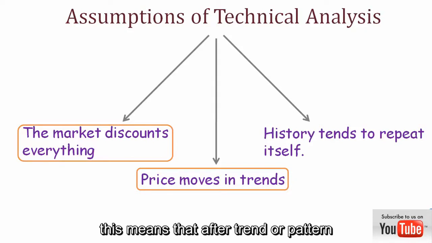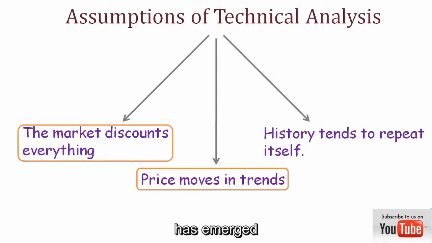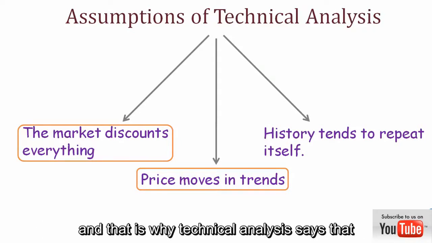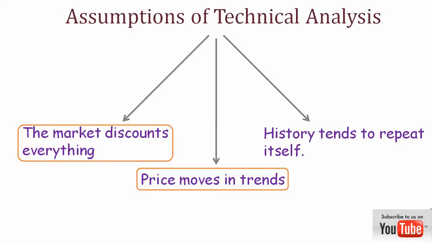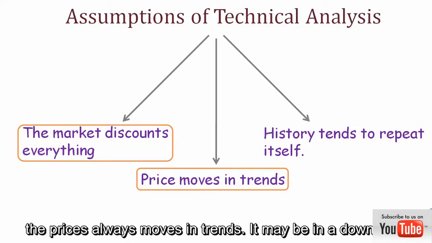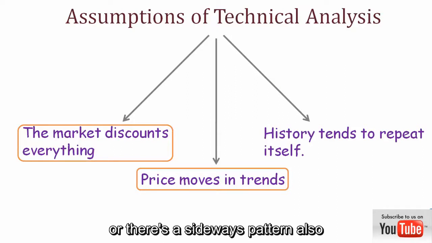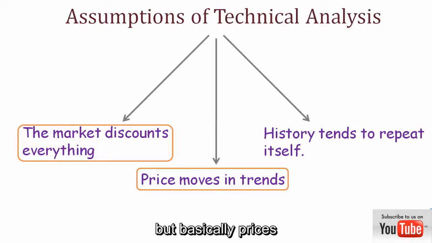This means that after the trend or pattern has emerged, the future direction of a stock is highly predictable. That is why technical analysis says that prices always move in trends. It may be in a downtrend, or an uptrend, or there's a sideways pattern also. But basically prices move in trends.